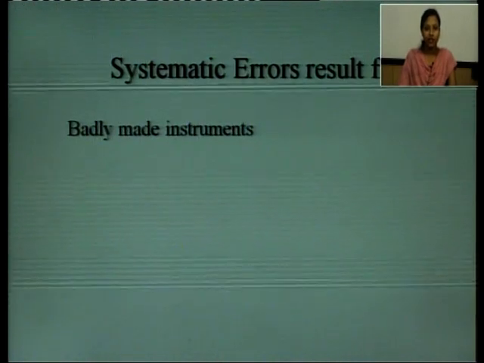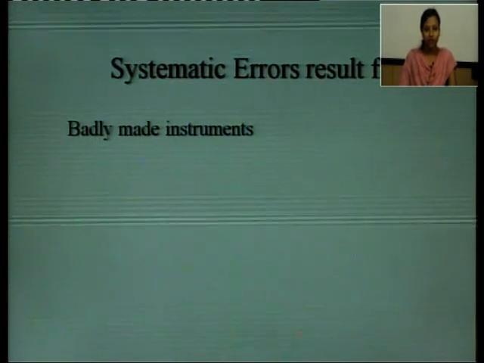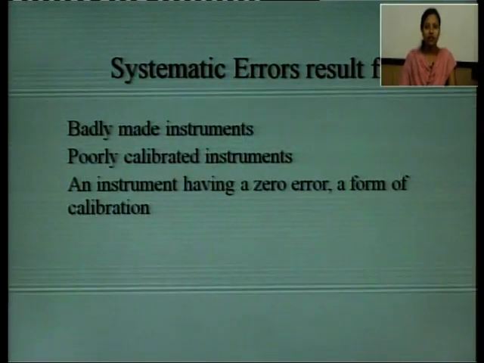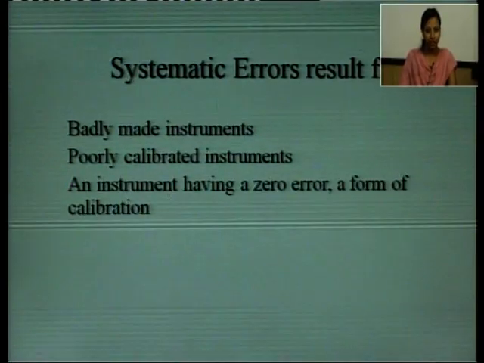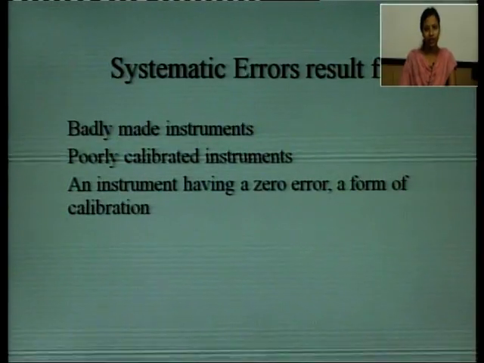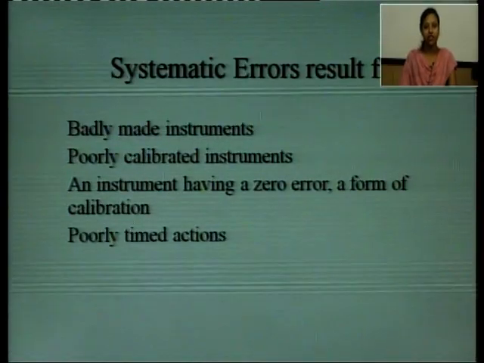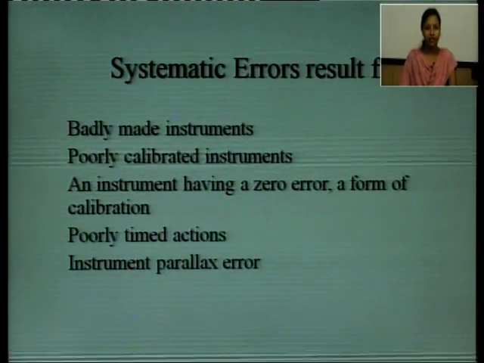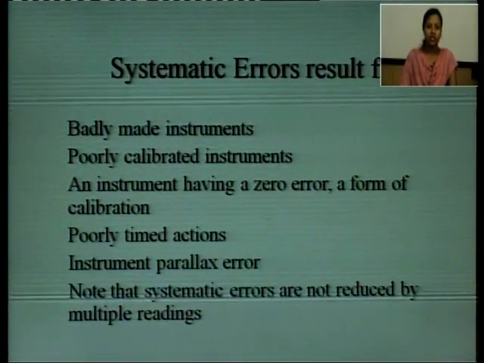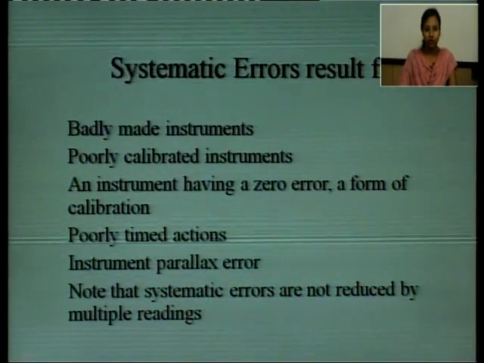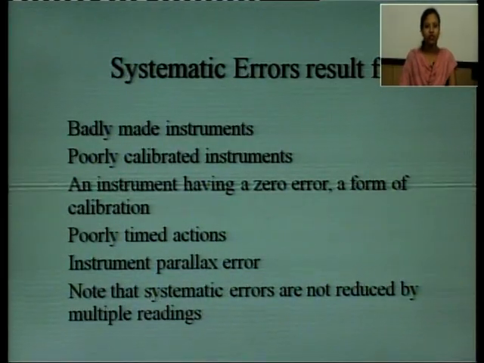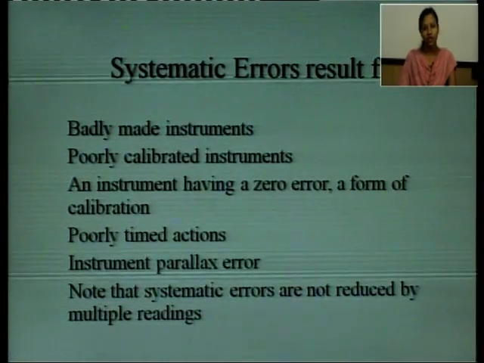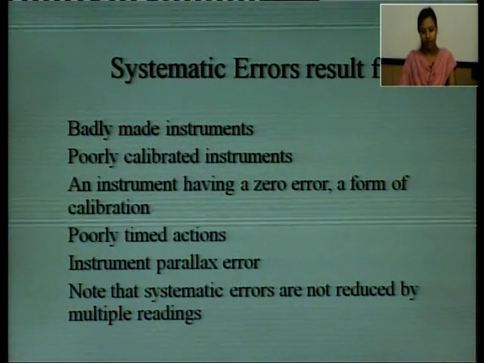Systematic error mainly results from a badly made instrument, a poorly calibrated instrument, an instrument having zero error, poorly timed actions, and instrument parallax error. Note that systematic errors are not reduced by multiple readings. If we take a number of readings, the systematic error will not reduce; it remains the same.